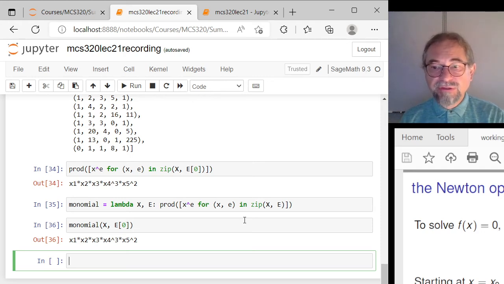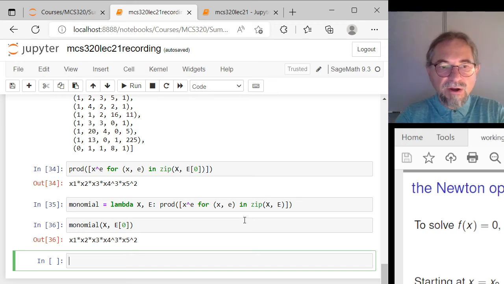Okay, I'm almost there, so I can now define my polynomial as the sum, but I will also need lambda. I have my names of the variables, I have my coefficients, and I have my exponents. So I will return the sum of the coefficients times the monomials, where the monomials run over x and e.